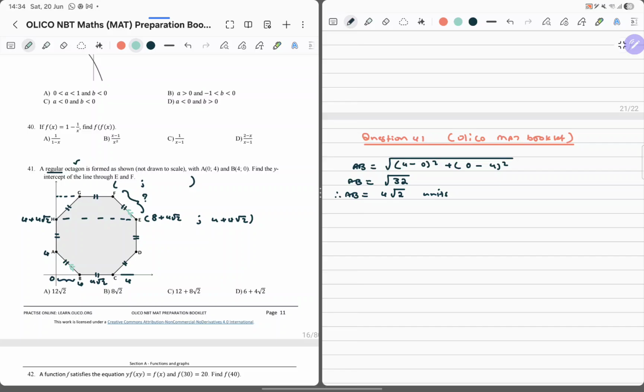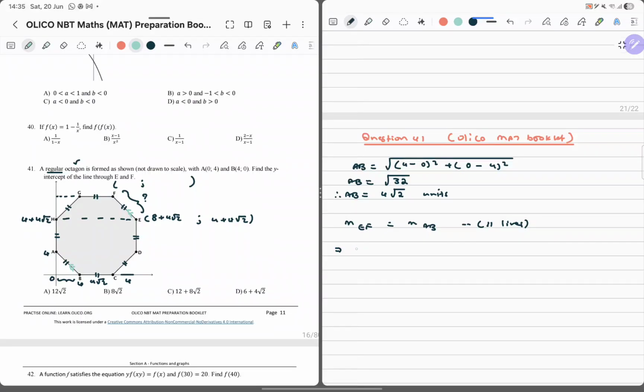It's going to give us the gradient of FE. So analytical geometry with a regular polygon. So we know that also the gradient of EF is equal to the gradient of AB. These are parallel lines. Nice and easy.